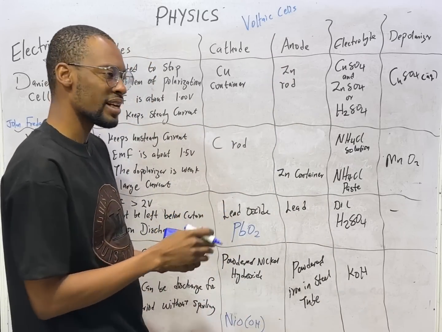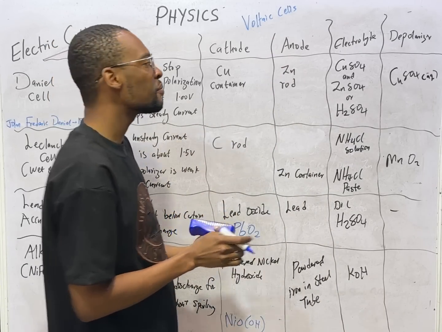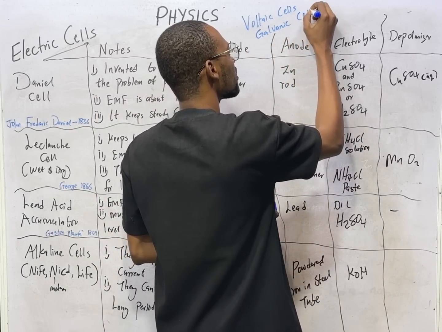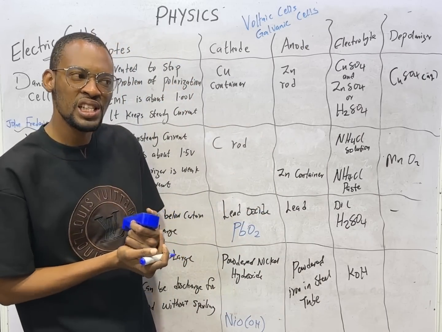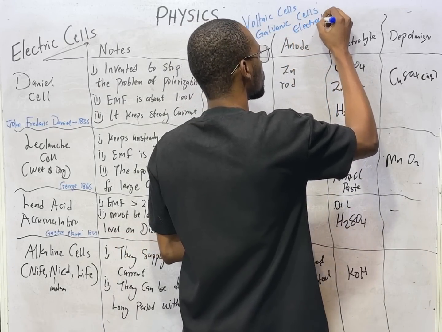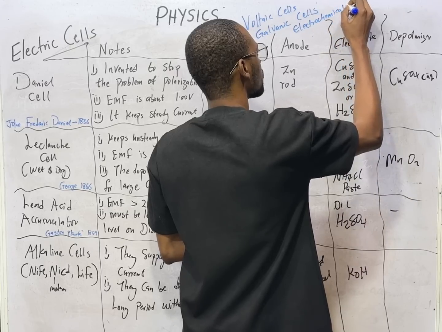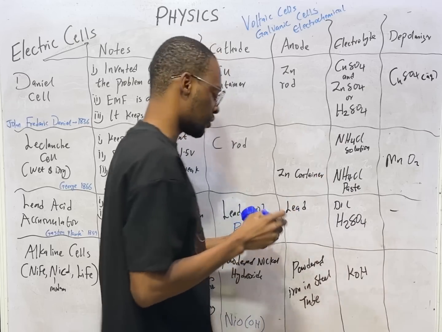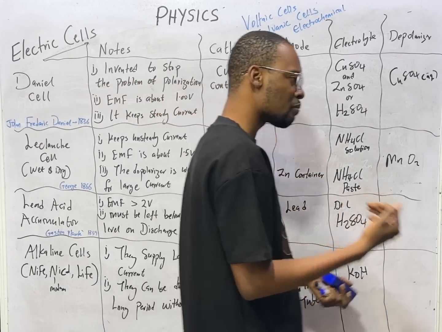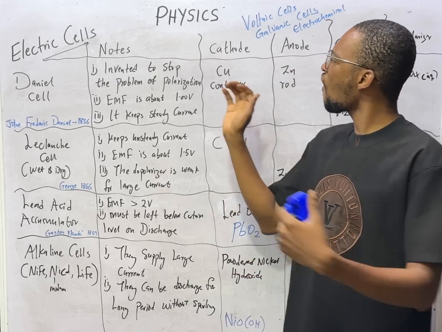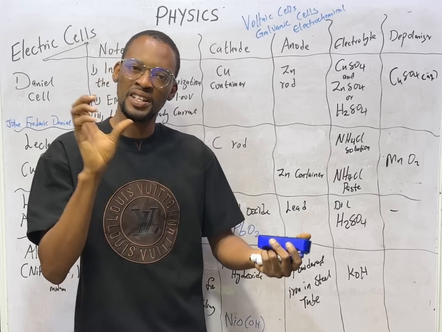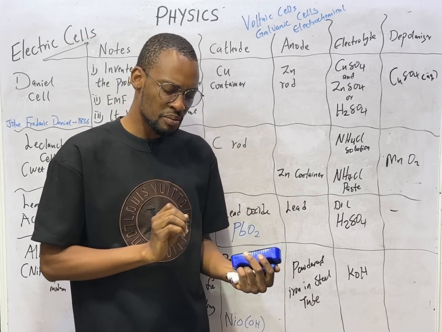You can also call them galvanic cells, or you can call them electrochemical cells. So when you hear Leclanché, primary and secondary cells, they are all under what we refer to as voltaic cells, galvanic cells, or electrochemical cells.